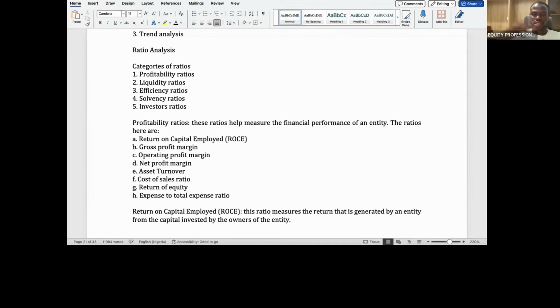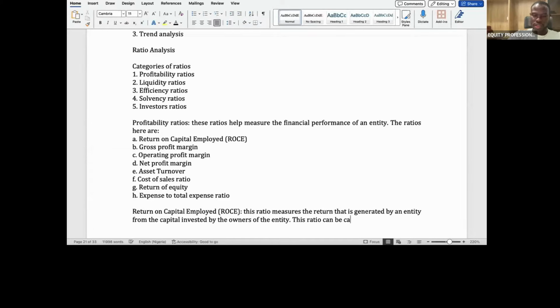It's as simple as how much money you have made for the owners of the company. Just that this is usually expressed in percentage, not in absolute amount.